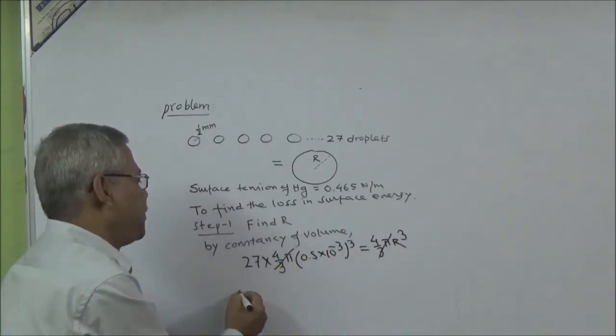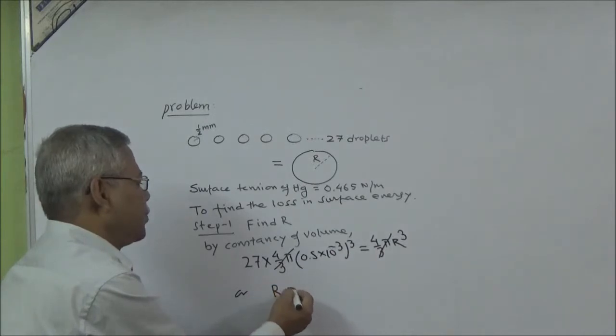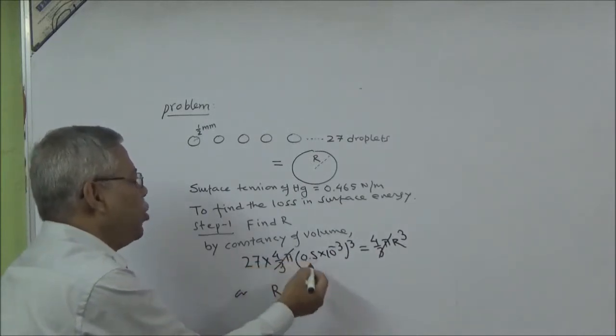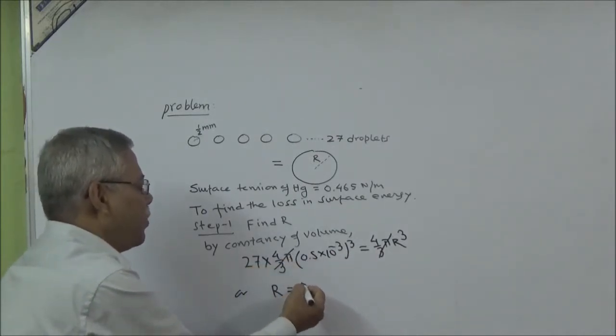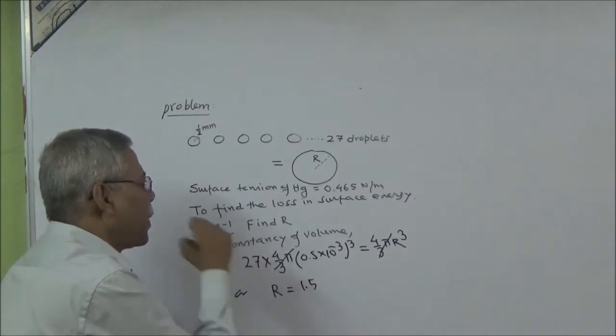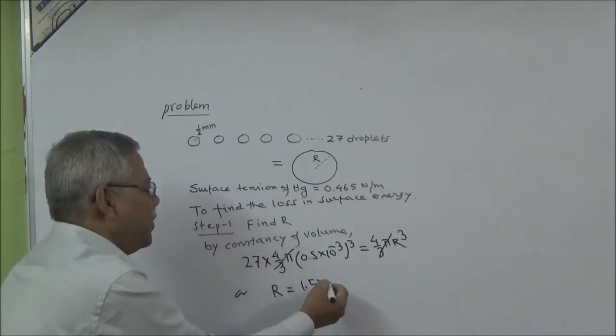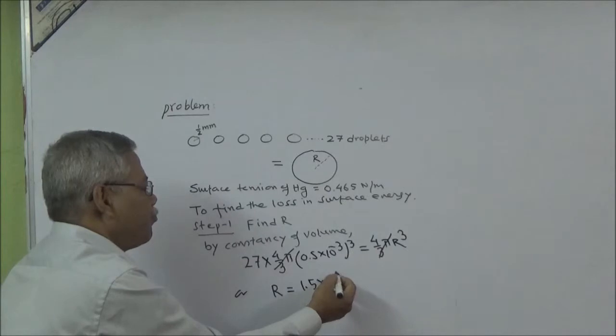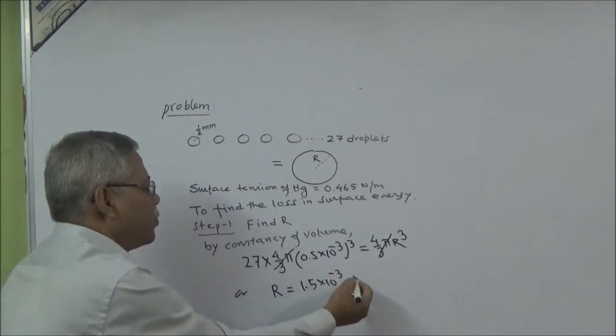Calculate R equal to 1.5 into 10 to the minus 3 meter.